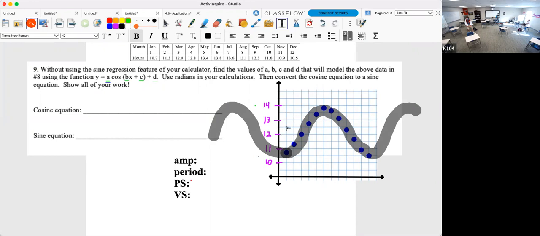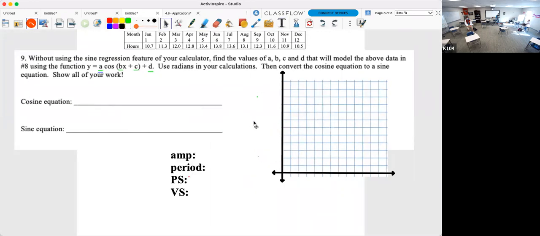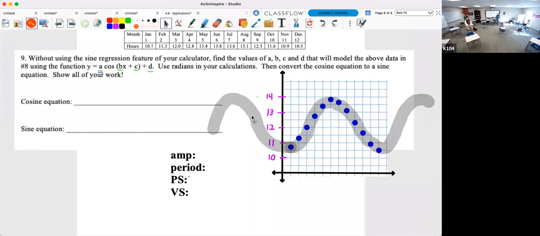So based on just our sketch, what do you think the amplitude of this should be? Could you draw the amplitude of our curve directly on here? Where is our amplitude?